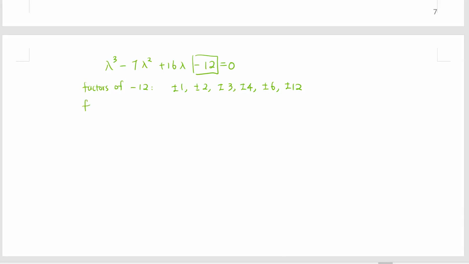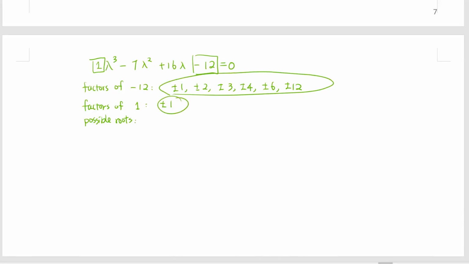And we also look at the factors of the leading entry, which is 1, so that's plus or minus 1. Then the possible roots are this guy divided by that guy. Well, divided by 1 or minus 1 is the same thing, so we get the same list. Let's copy it down.